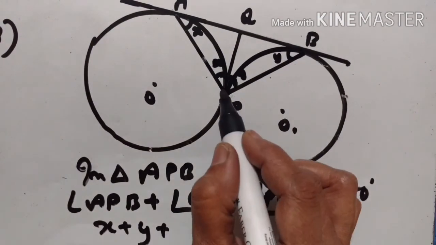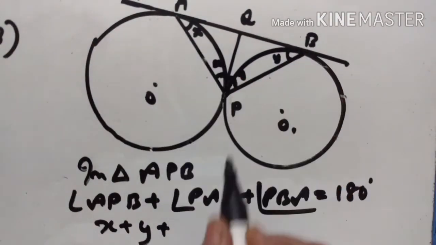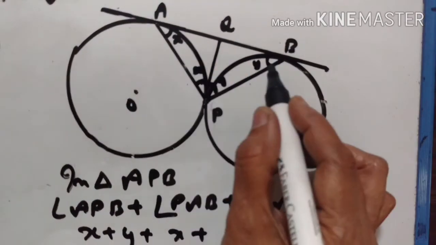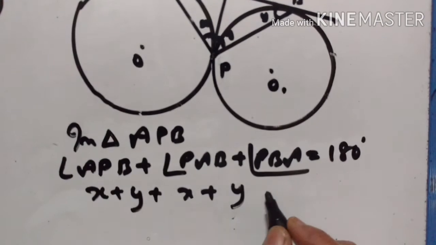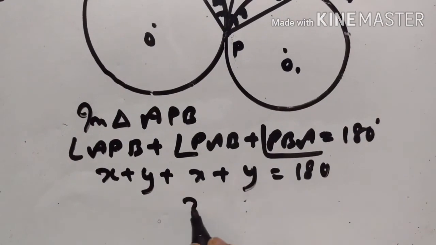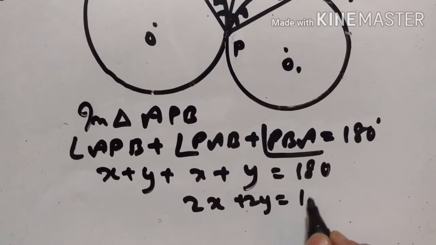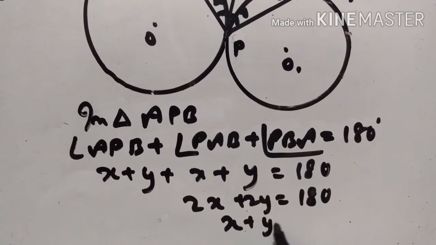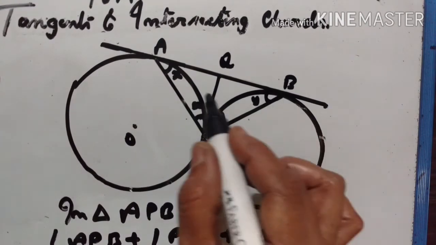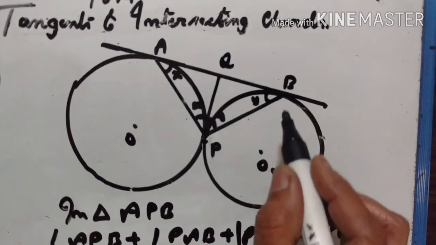Angle PAB is equal to x. Angle PBA is equal to y. So x plus y plus x plus y is equal to 180. 2x plus 2y is equal to 180. Therefore, x plus y is equal to 90. X plus y is equal to what? X plus y is angle APB. Therefore, angle APB is equal to 90 degree.